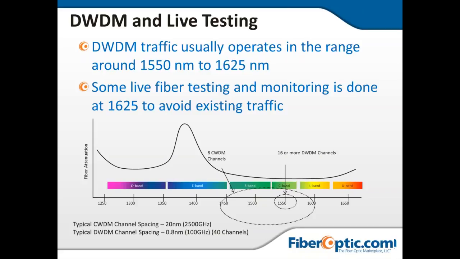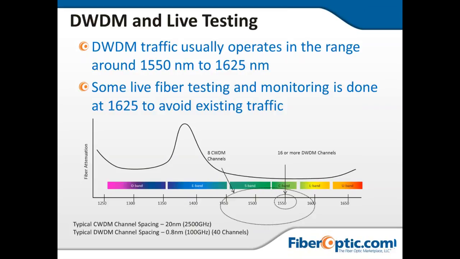So that's why for a long time, if you look at the O band, which is the lower band on the optical spectrum, 1310 was the lowest amount of fiber attenuation on that side of that water peak. That was created by the water hydrogen molecules that were intrinsic in the fiber throughout the manufacturing process. And then 1550 was actually the low point on the opposite side of that water peak.